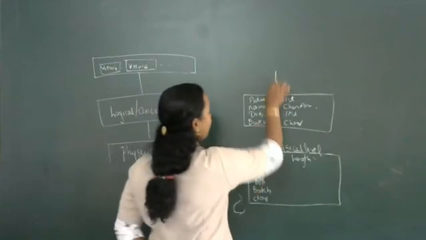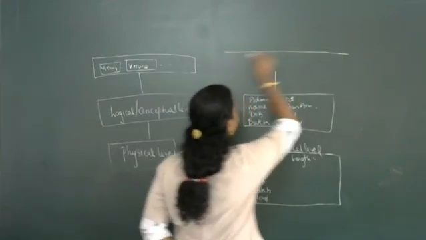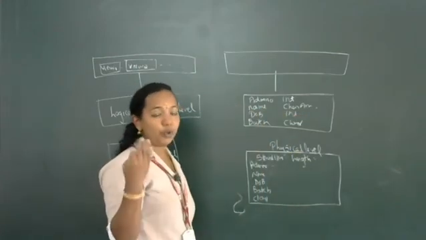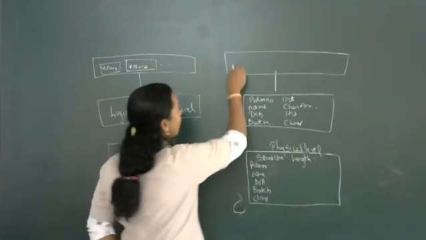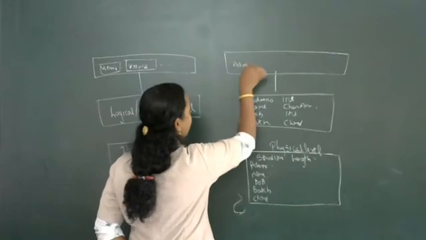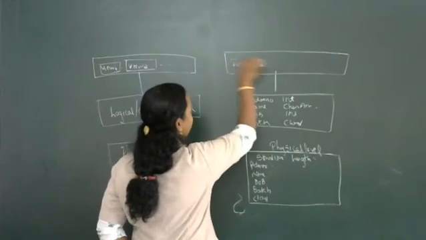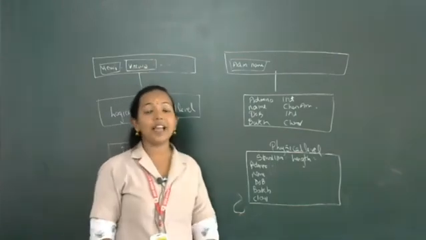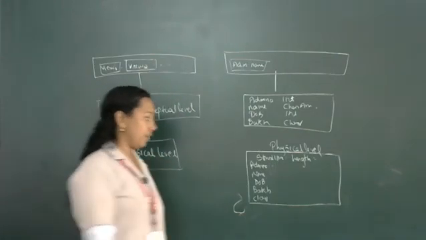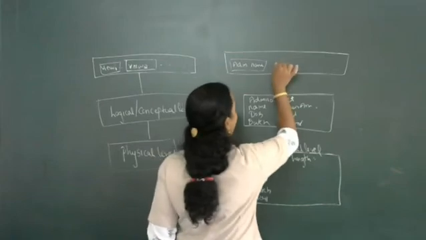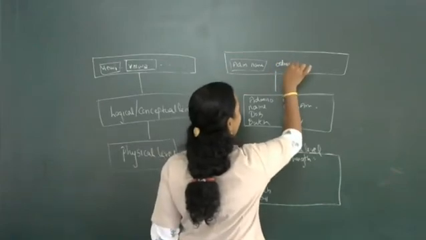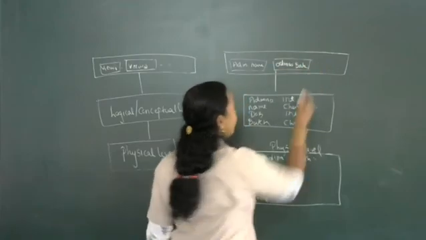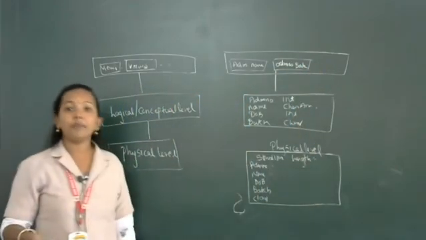Then after that, the view level. I already mentioned there will be different views. Say there are three users viewing the result. The first user only requires admission number and name of the student, so that user will get only those. The second user requires admission number and batch, so the user will get only admission number and batch.